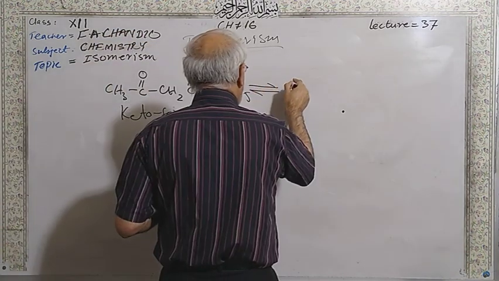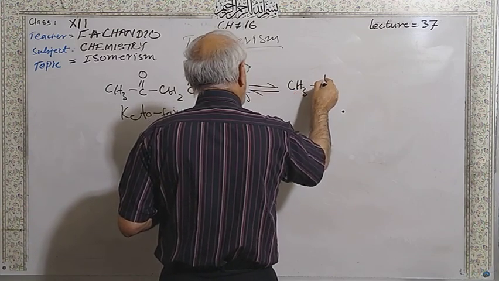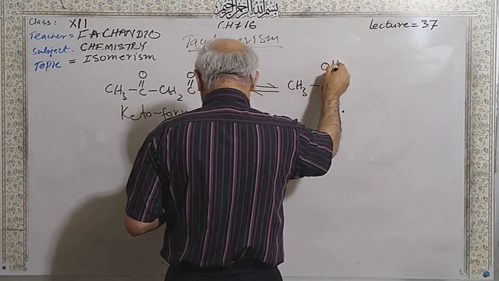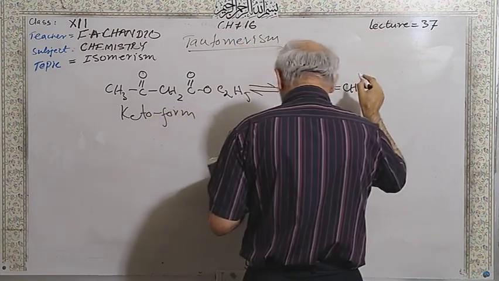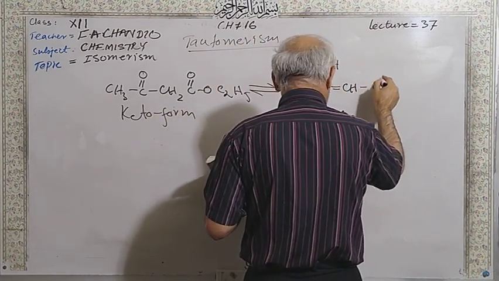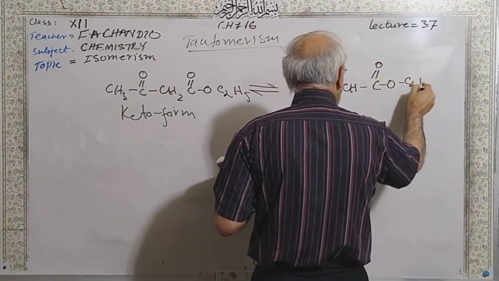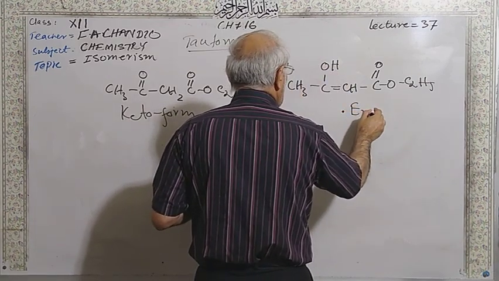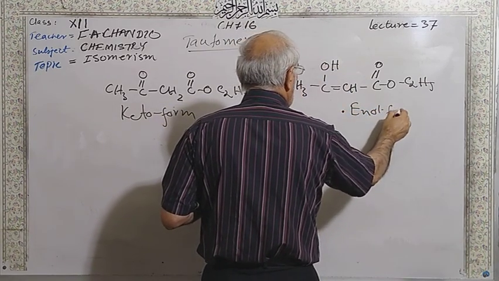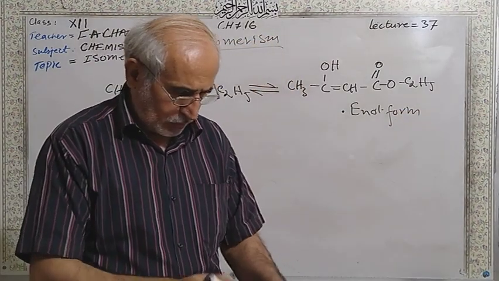It exists in equilibrium with CH3, C(OH) double bond CH COOC2H5. This is called the enol form.